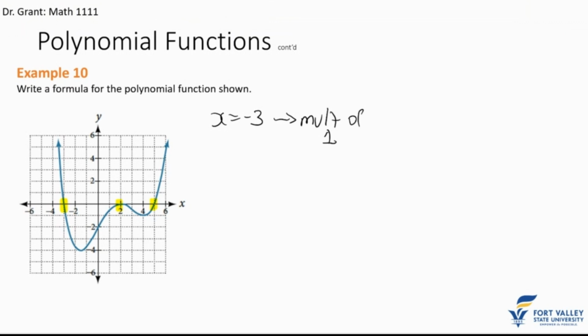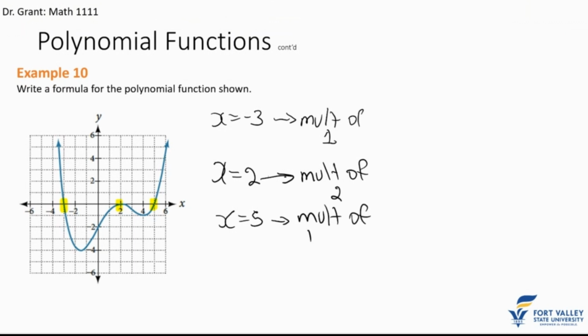Then at x equals 2, we see that it bounces. So we must have an even multiplicity, but the bounce tells me it must be 2. And then at x equals 5, we see that it goes straight through.